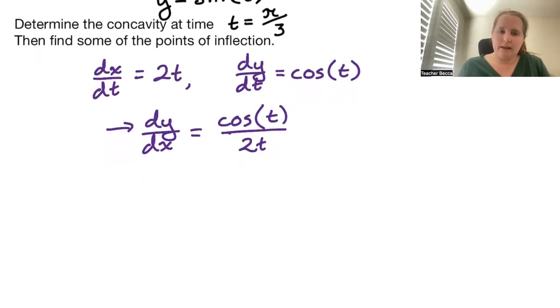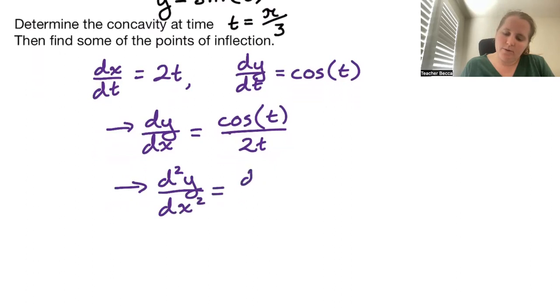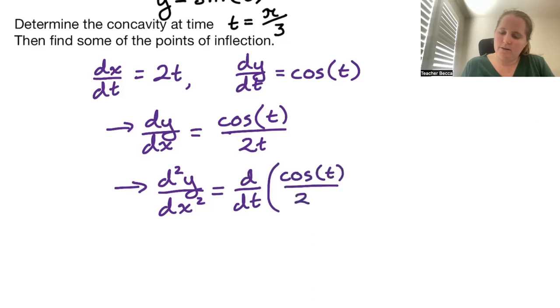This means that the second derivative should be equal to the derivative with respect to t of cosine of t over 2t, that whole thing divided by dx dt, so divided by 2t.